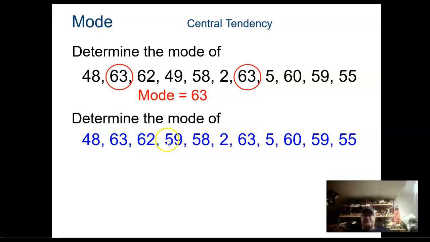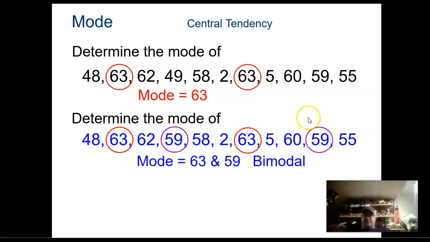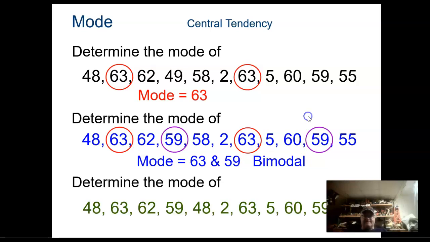No other 62s. 59 occurs twice, so I see the 59 there and the 59 there. 58 is only once, 2 is only once. 63 we've already talked about. So basically we have two modes here, 63 and 59, and we would say that that is bimodal. So our modes here are 63 and 59, and it is a bimodal data set.